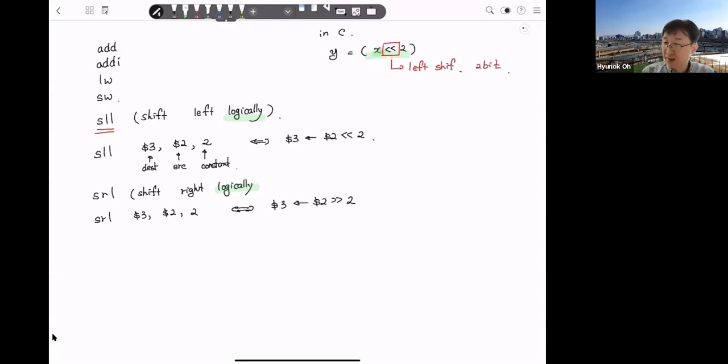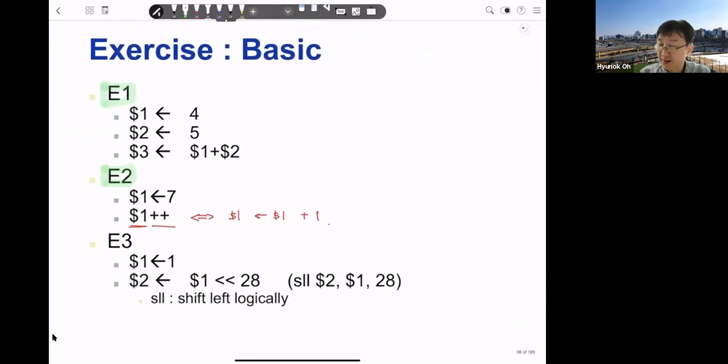Okay, then let's look at the exercise. We did E1 and E2 last time, right? This one uses addi, and for this one we use add. This is addi, and the last one addi. So can you do exercise 3?